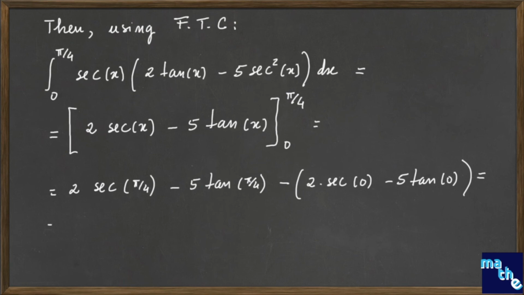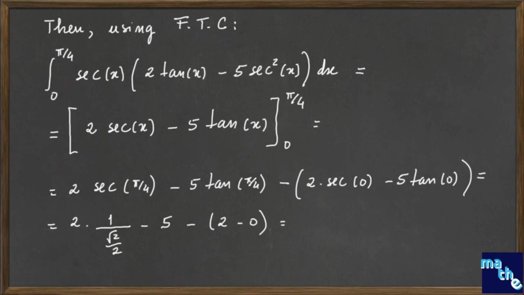Then we need to find all these values. Secant of pi by 4 is the same as 1 by cosine of pi by 4, so square root of 2 by 2, minus 5 multiplying tangent of pi by 4, but tangent of pi by 4 is 1.